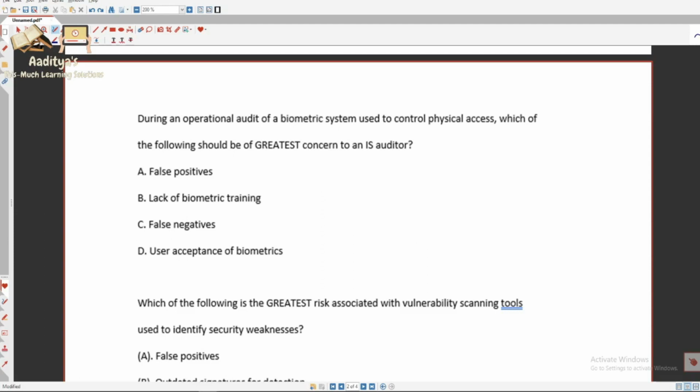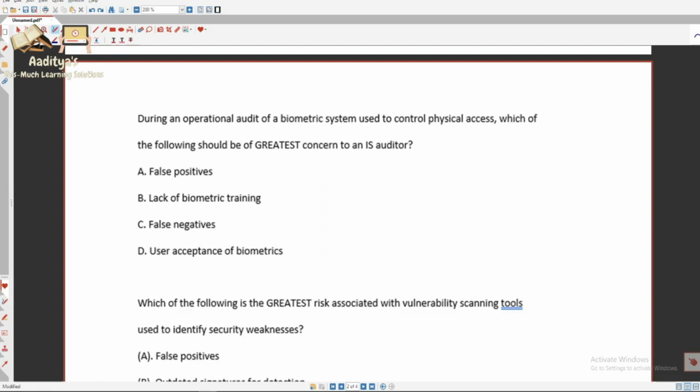This is Aditya, and today we are going to look into three questions, and the topic is false positive, false negative. Lots of students are getting confused when to select false positive and when to select false negative, and the confusion increases when different questions are having different answers. Roughly, you can find three questions.